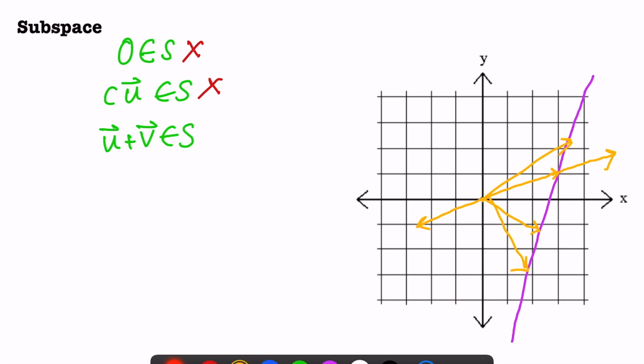Let's take two vectors, this one and this one, and add these two. The resultant vector doesn't fall on that line. So this is not closed under vector addition either. This line not going through the origin is not a subspace of this xy plane.